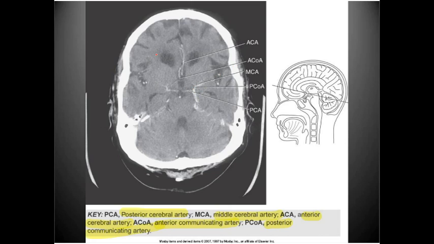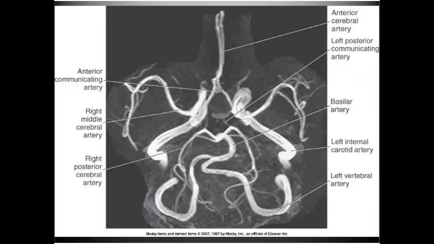So here we have kind of the circle of Willis coming in. So we have the anterior cerebral arteries, we have the posterior cerebral artery, middle cerebral artery. Okay, so here we have the vertebral arteries, both right and left, forming the basilar artery.